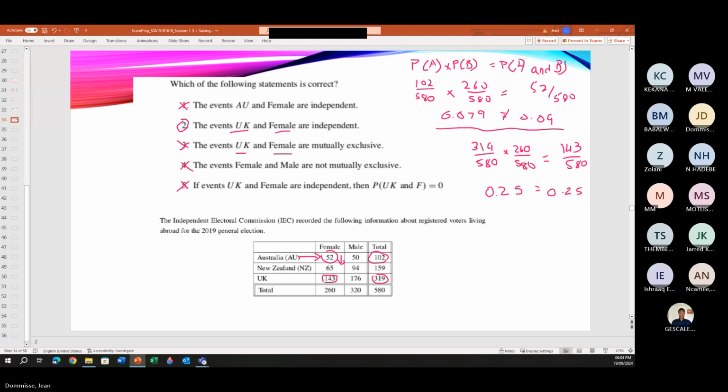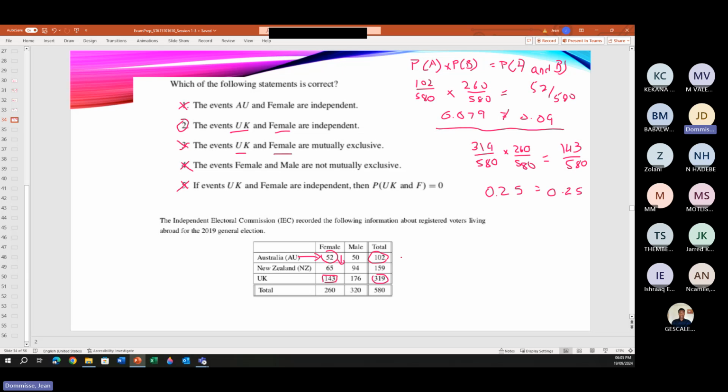Okay, so we are focusing a lot on independence and mutually exclusive, but again, I think that is quite important, because we will get a question or two in the exam.